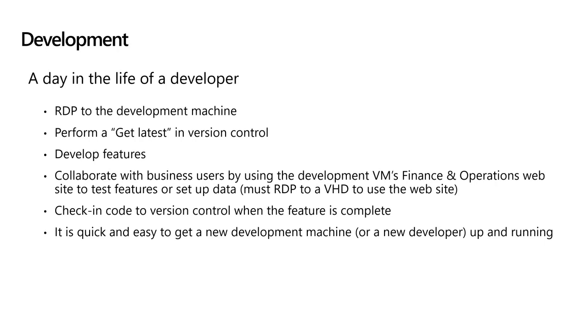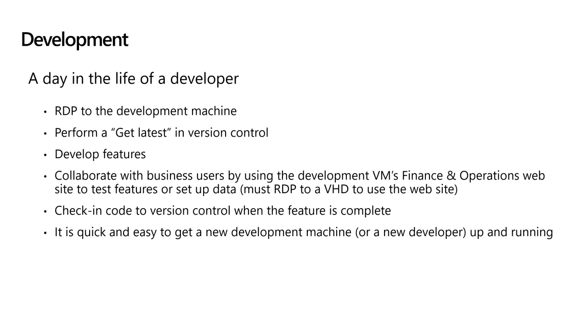Then they work on their features, including they can run a build on that development machine and collaborate with business users to test the features using the development VM's website, and you have to RDP to a VHD to use that machine's website, but otherwise it's the same. When their feature is complete, they check it into version control.